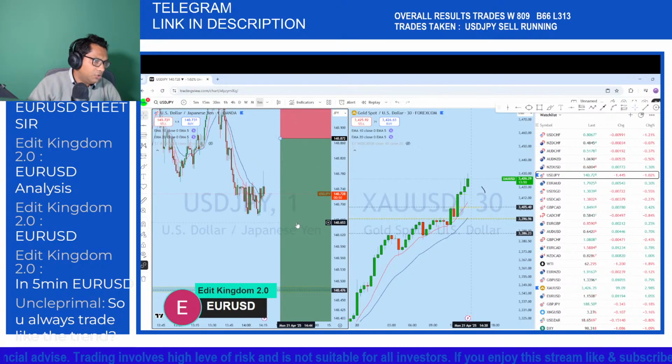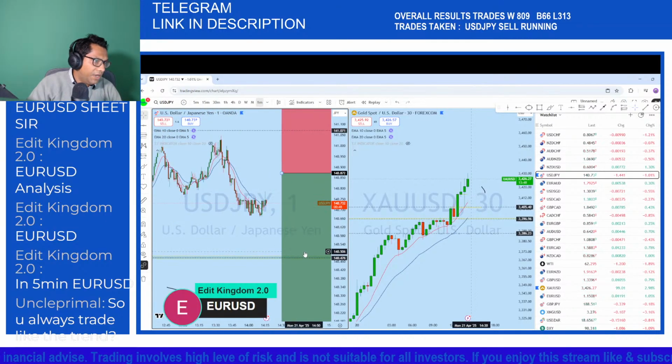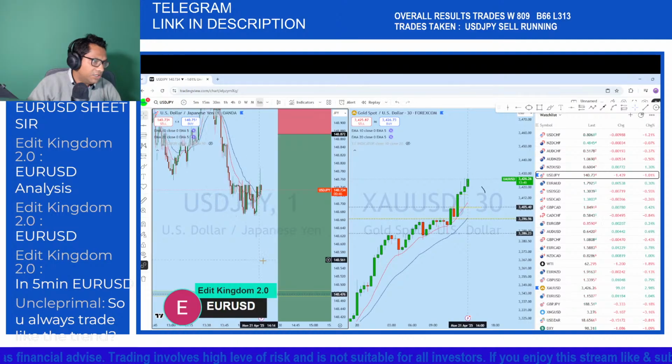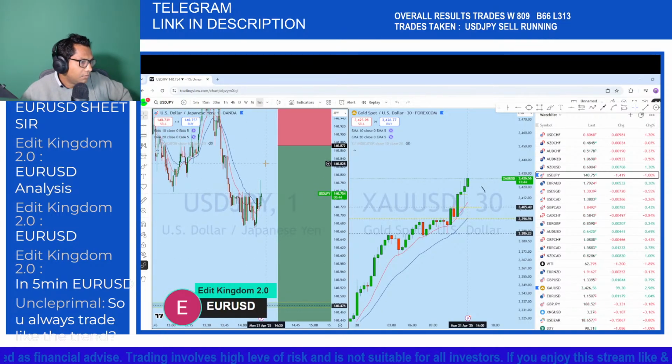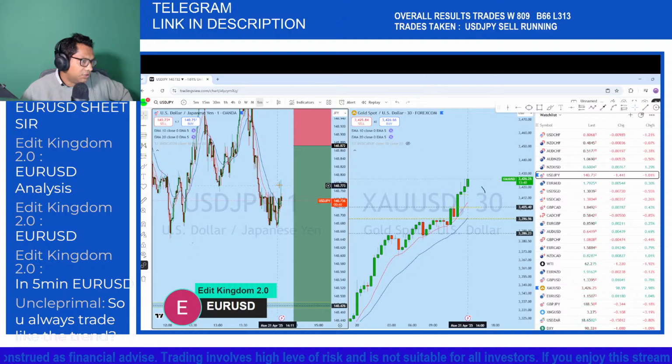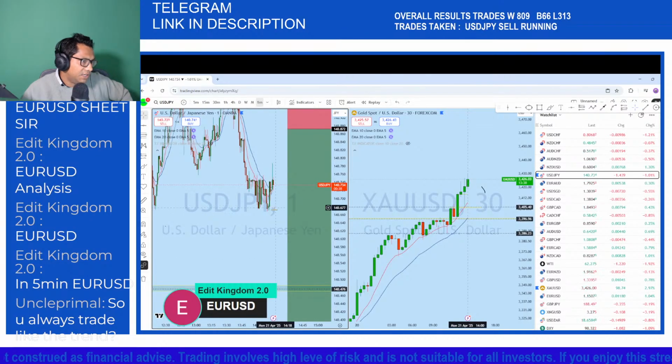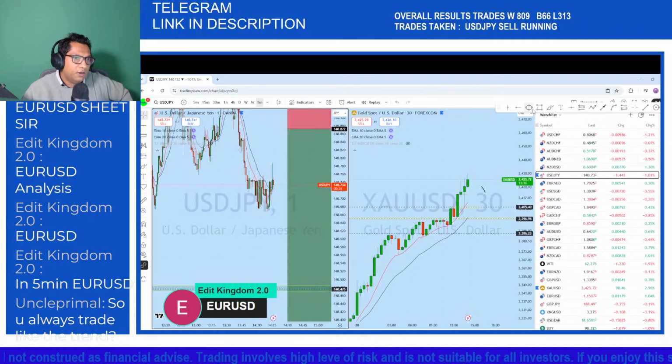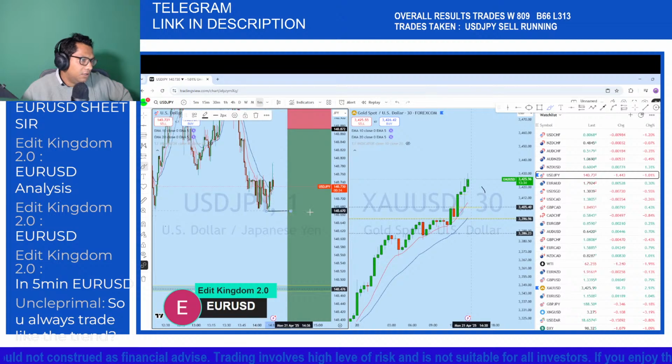Now expecting it to break below in that direction. But I think that because it's got a false breakout, we may see now a break of this swing low here in this area.